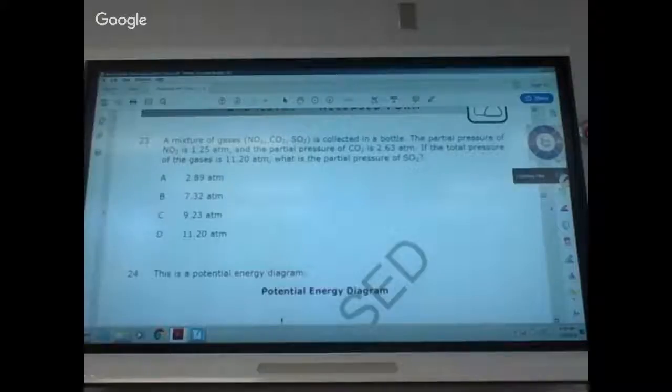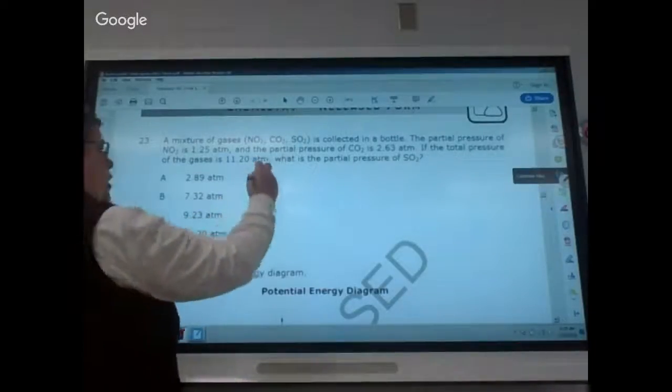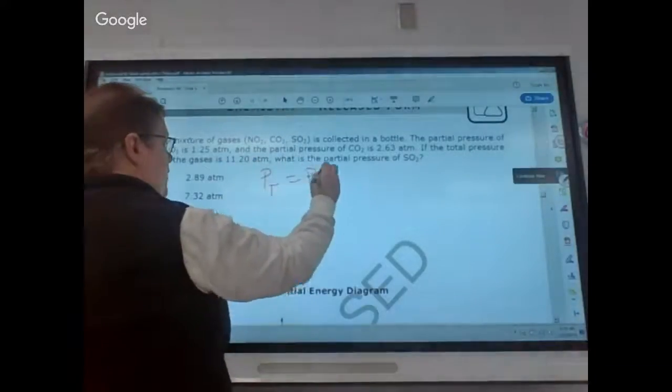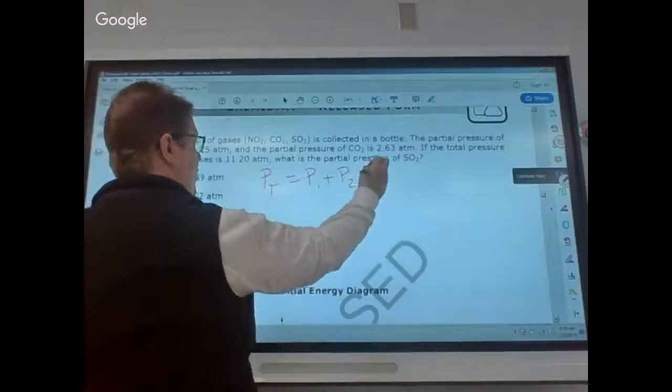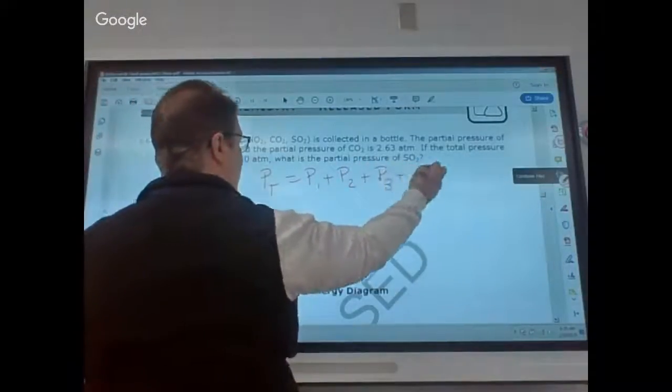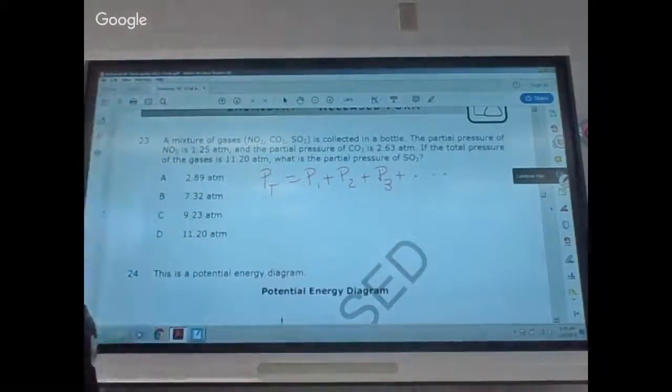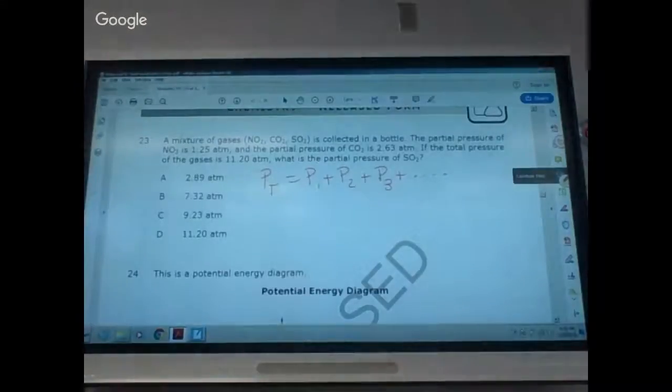What should this look like to you if you see it on the exam? It should be a really easy question. This should be PT equals P1 plus P2 plus P3 and so on. Now it wants to know the partial pressure.